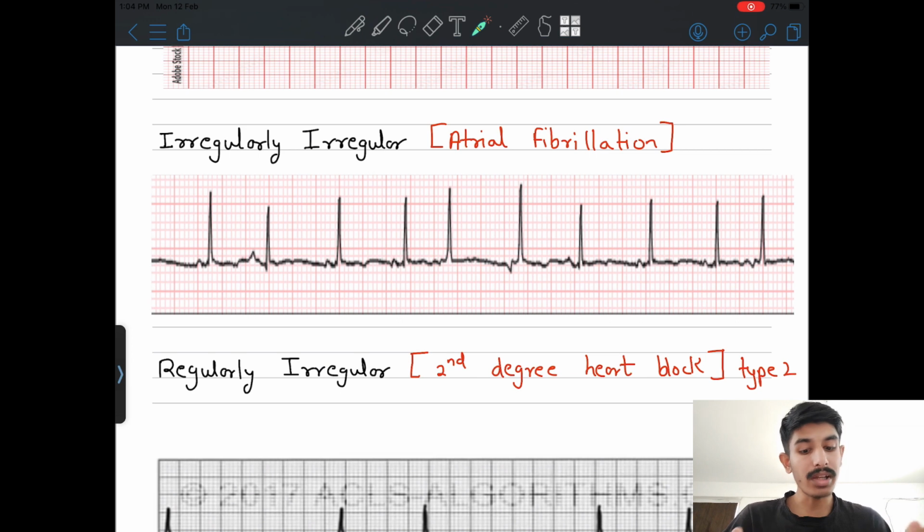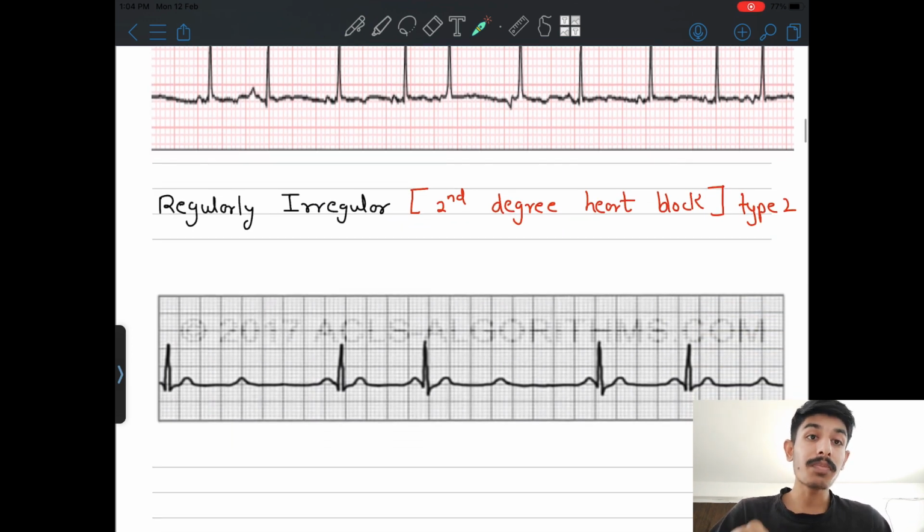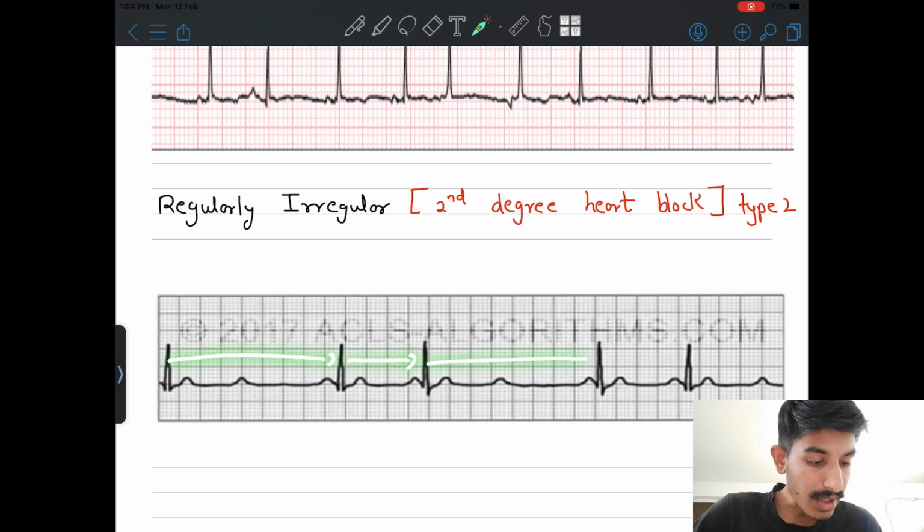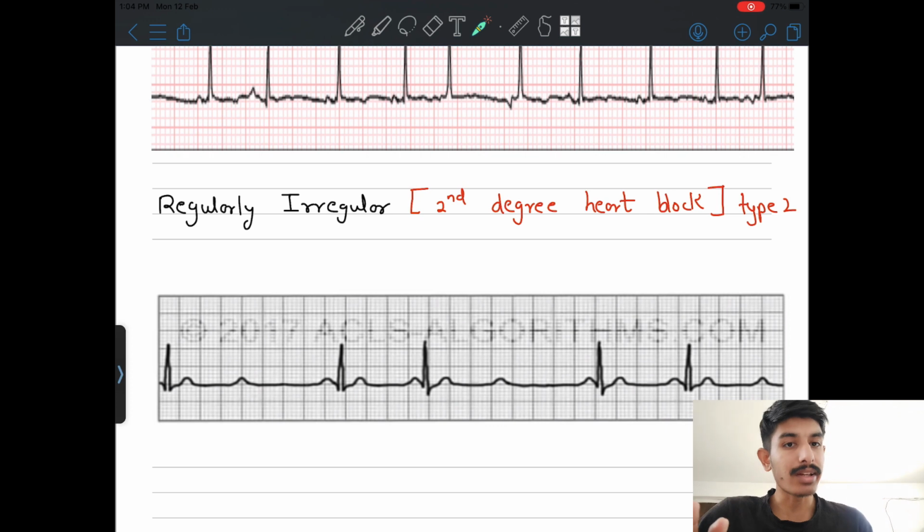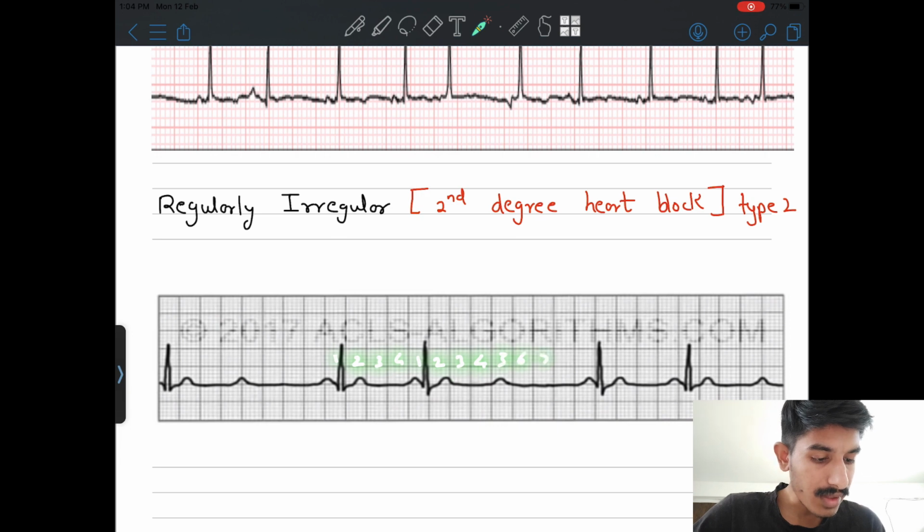But in the third type, regularly irregular, what is this? As you can see, there is some similarity: 1 2 3 4 5 6 7 8, again 1 2 3 4, again 1 2 3 4 5 6 7 8. 8 boxes are coming, then 4, 8, 4, 8 again.